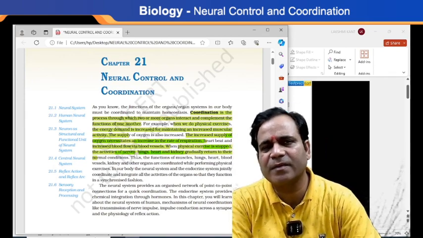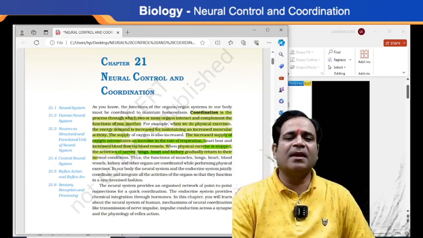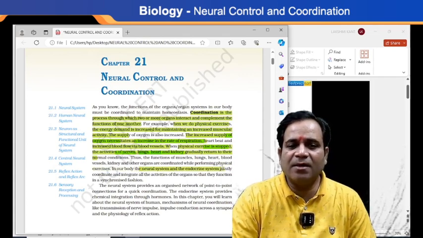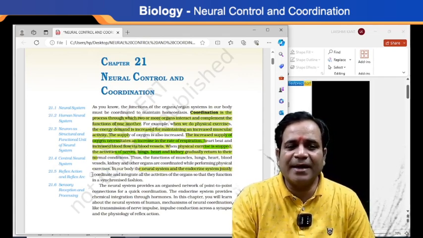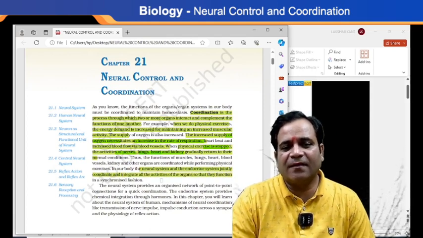Different organs coordinate with one another, and the neural system and endocrine system jointly coordinate and integrate all the activities of the organs so that they function in a synchronized fashion.